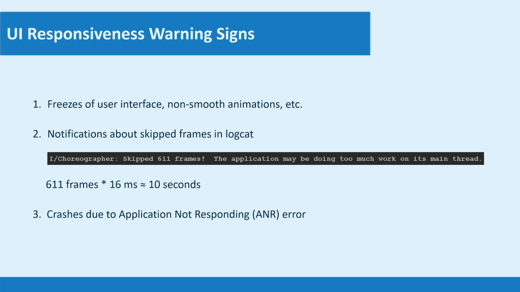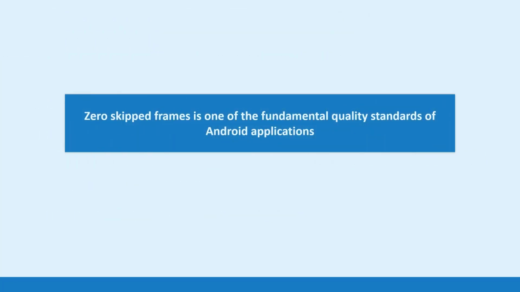All in all, you should aim for 0 skipped frames in your application, and that's one of the most fundamental quality standards of Android applications. Now, don't go too crazy about that, because there are very low-end Android devices out there. On these devices, your application can skip frames and maybe you won't be able to do anything about it.